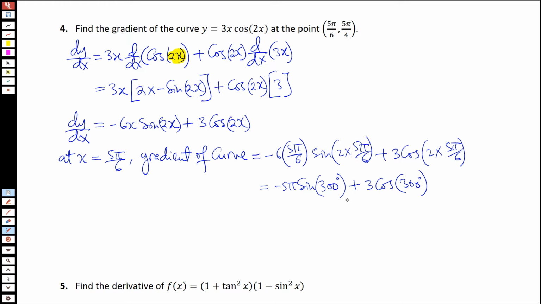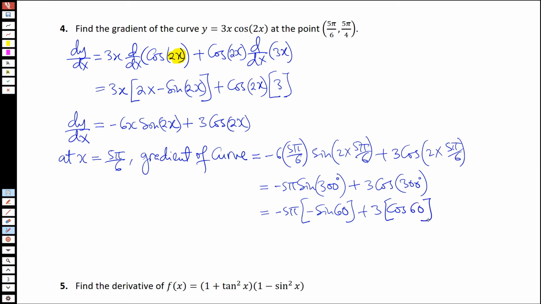Now we can convert these angles in terms of acute angles, because we want to use special triangles to find this. So this will be negative 5 pi multiplied by, now sine 300 is same as negative sine 60 plus 3 cos. Now cosine of 300 is same as cos 60 again.